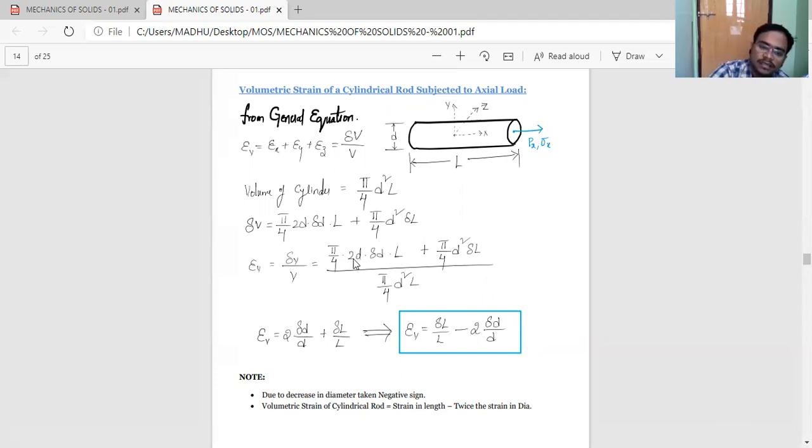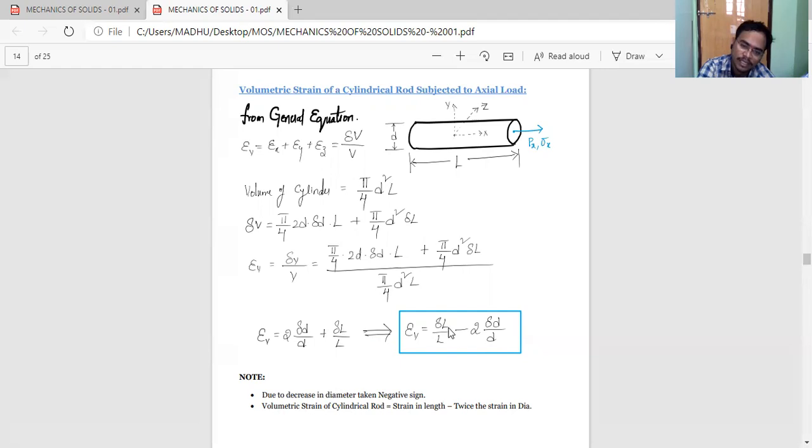The remaining is 2d into del d into L and d square into del L. Cancelling the similar terms, we get the final expression: epsilon v is equal to 2 times del d by d plus del L by L, which is epsilon v equal to del L by L minus 2 times del d by d.